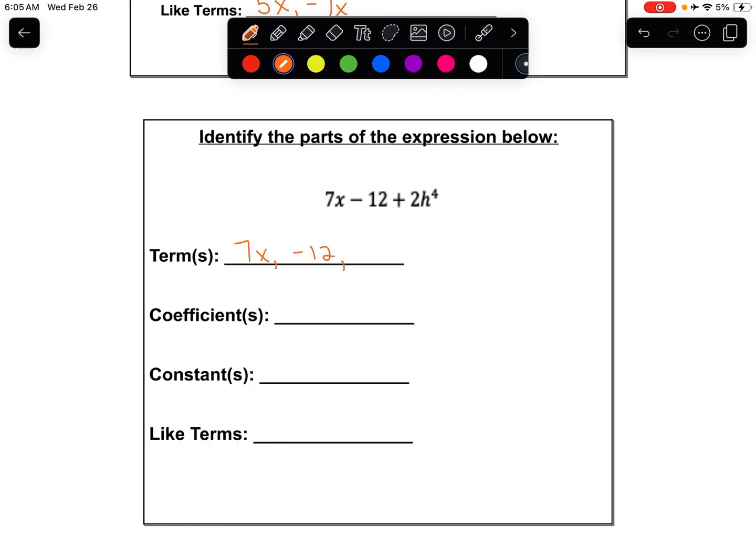So you'll notice the only one with a sign in front is negative 12. And that's because if it's a minus 12, that's the same as a negative 12. Our other two terms, 7x and 2h to the fourth, are both positive, so we do not need to include a plus sign for those.